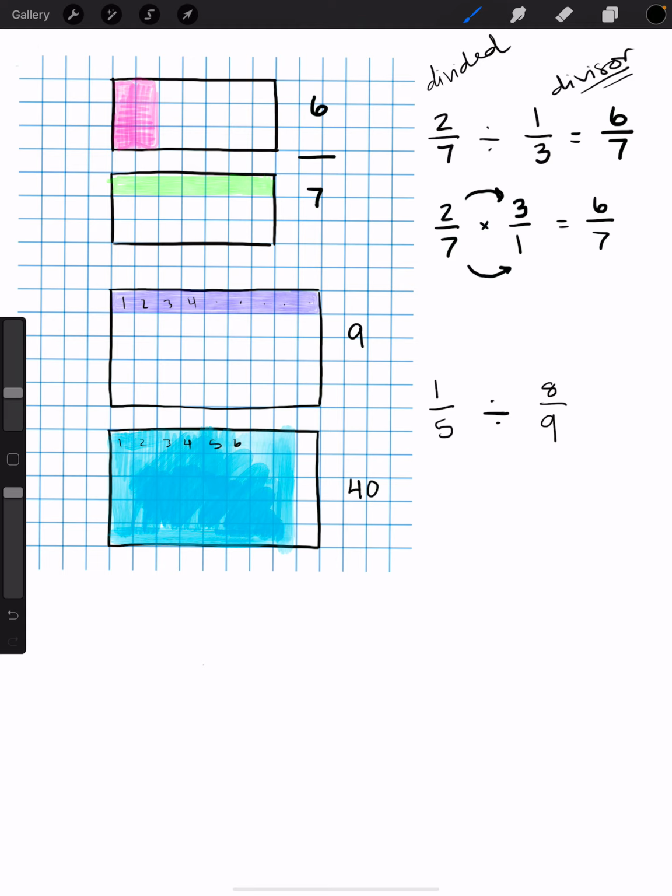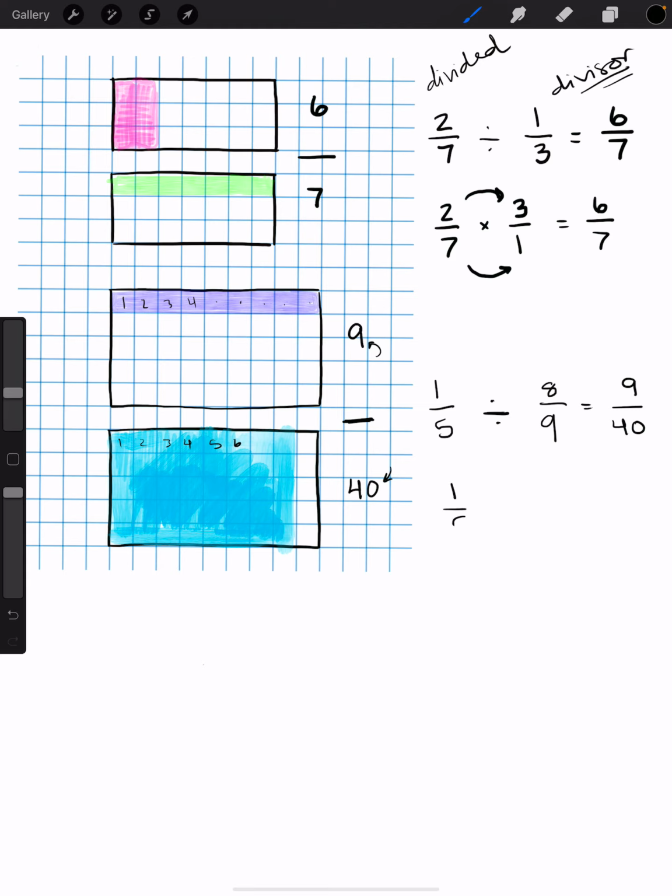So just like my previous problem, 1/5 divided by 8/9, you got your numerator and you got your denominator. I know my quotient is 9/40. And I can prove that by multiplying by my reciprocal.